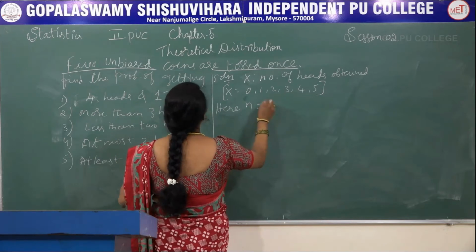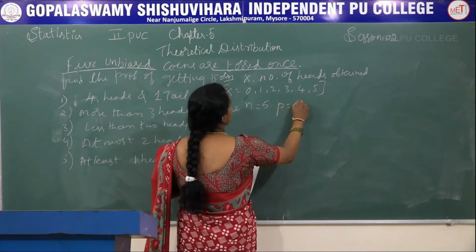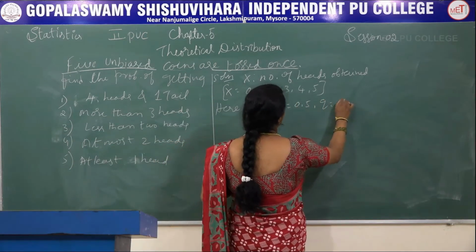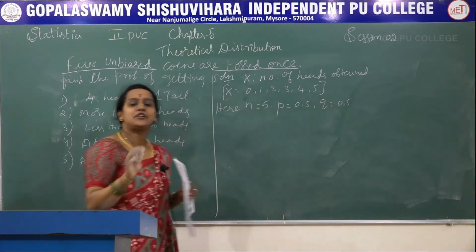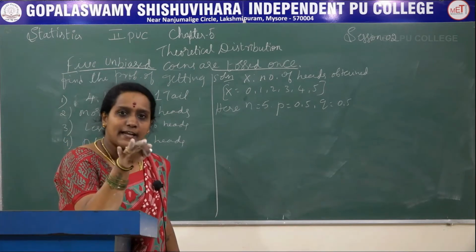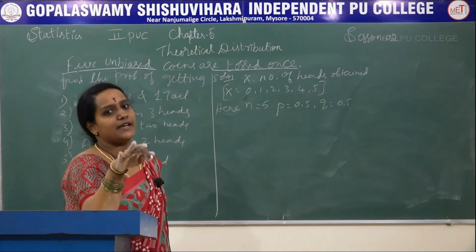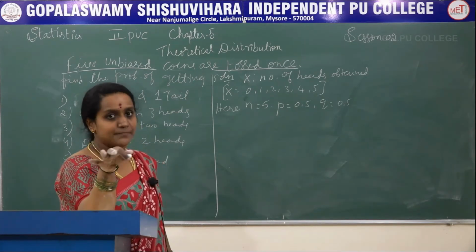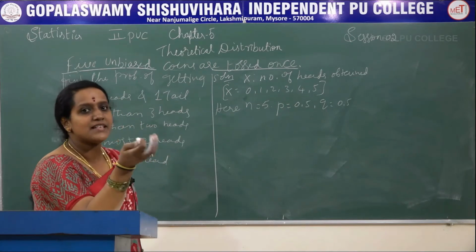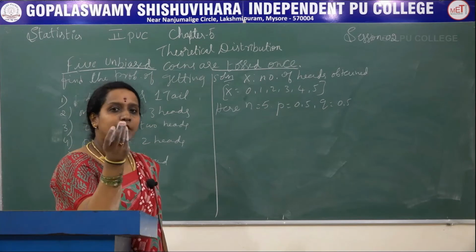n is equal to 5 because we have tossed 5 unbiased coins. P is equal to 0.5 and Q is also 0.5 because I am tossing a coin. The probability of getting head and tail are the same, 0.5 or half and half, because a coin has only 2 faces.